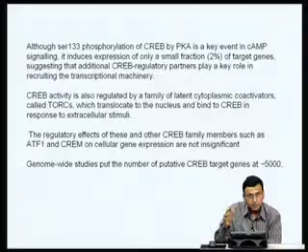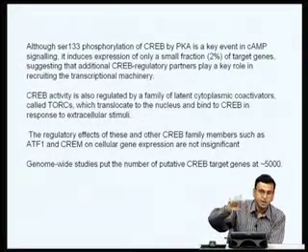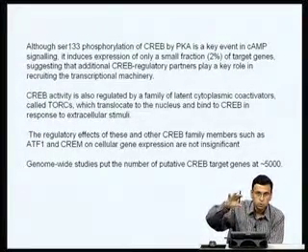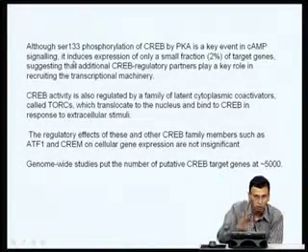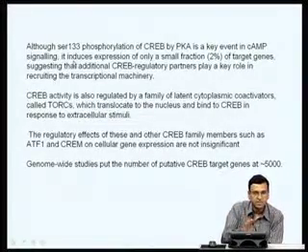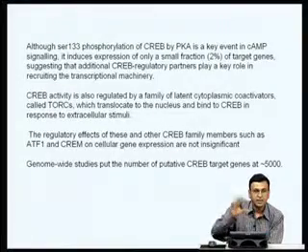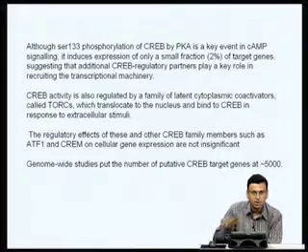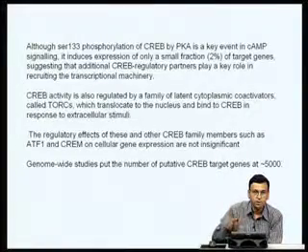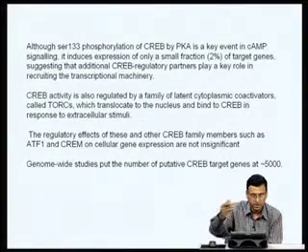In other words, all the events that take place in response to cyclic AMP cannot be explained by serine 133 phosphorylation alone. Phosphorylation of serine 133 is just one aspect of the cyclic AMP response. There are a number of other things that are essential in order for this cyclic AMP response to be manifest in the form of gene activation.